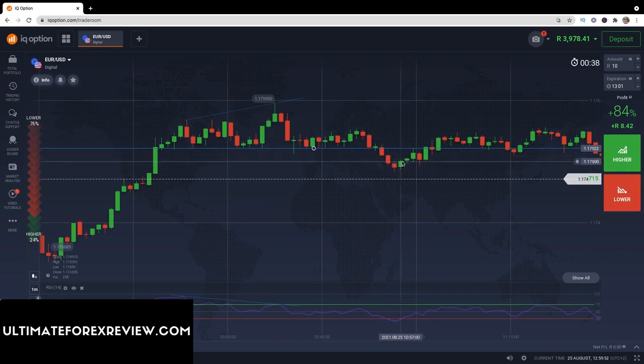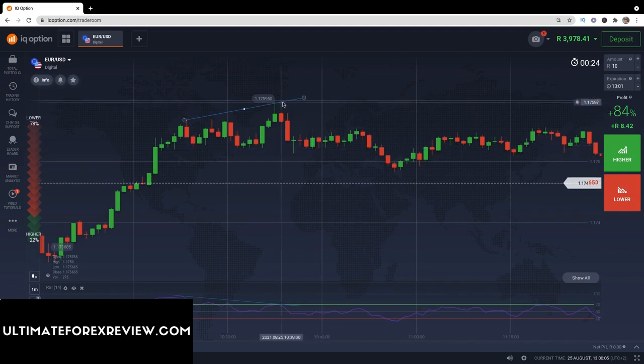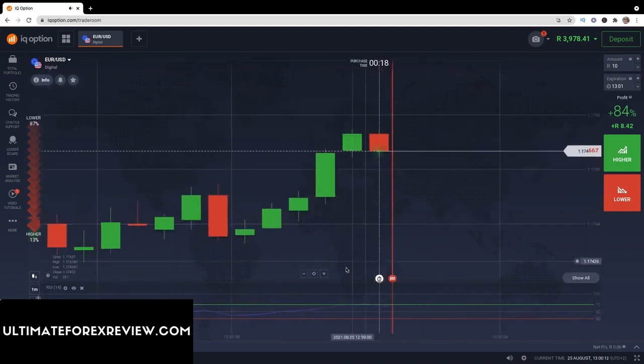We then want price to retest so we can place our 1 minute trade, which we will have done on this candle. Price would have then either ended on this candle or the next, leaving us with a definite profit trade.